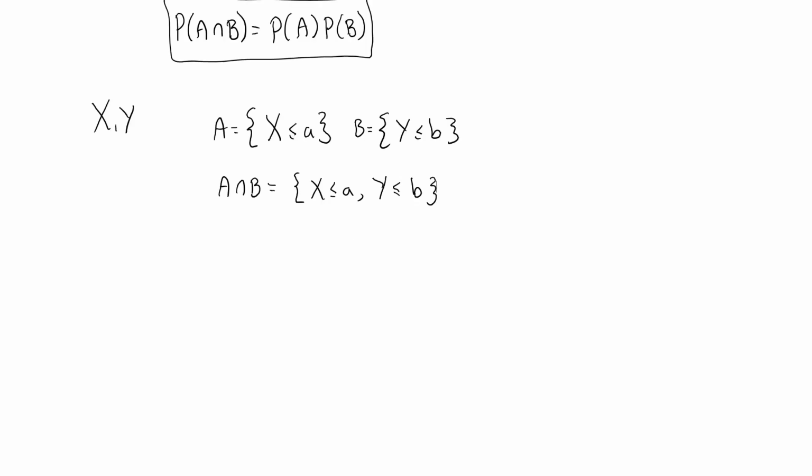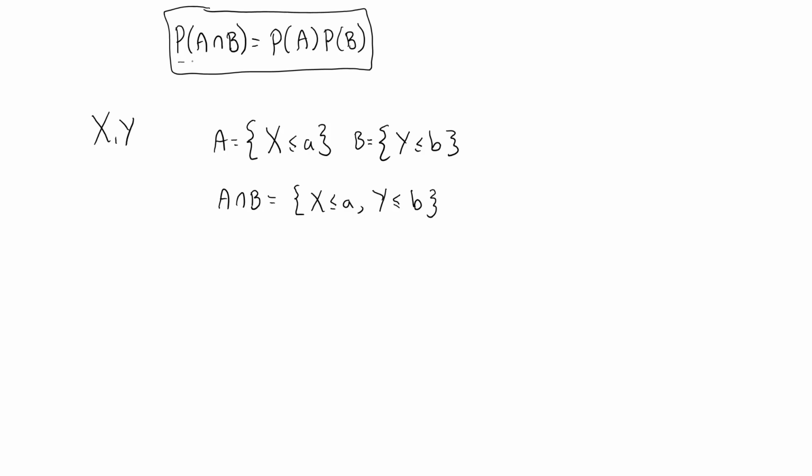So by just using the definition we have for independent events, A and B are independent events if the probability of the intersection, the probability that X is less than or equal to a and Y less than or equal to b, is equal to the probability of A, the probability that X is less than or equal to a, times the probability of B, that Y is less than or equal to b.